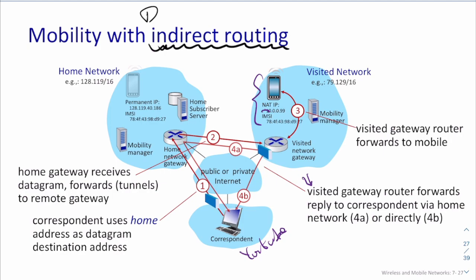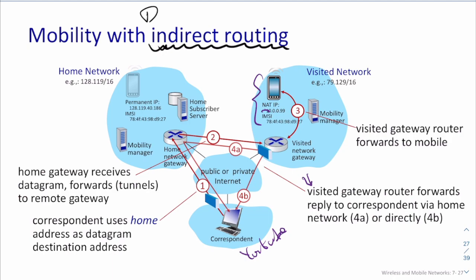So in this page, mobility with indirect routing means the correspondent needs to send your content to your home agent, the home network gateway. So step number 1 and 2, there's a triangle, right? That is for the content delivered from your correspondent. That is indirect.